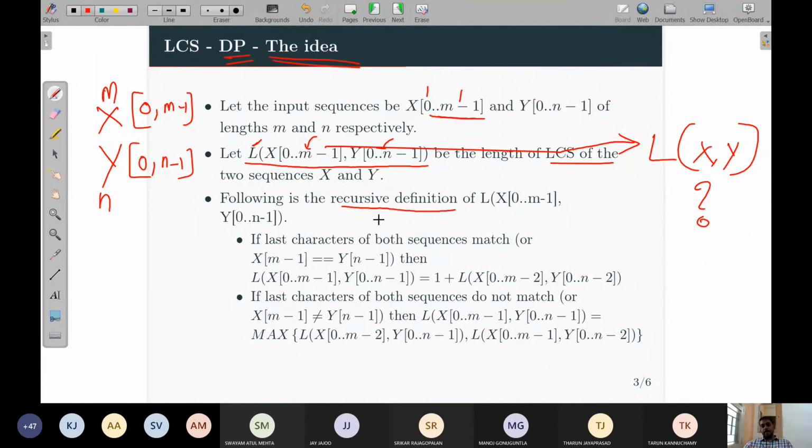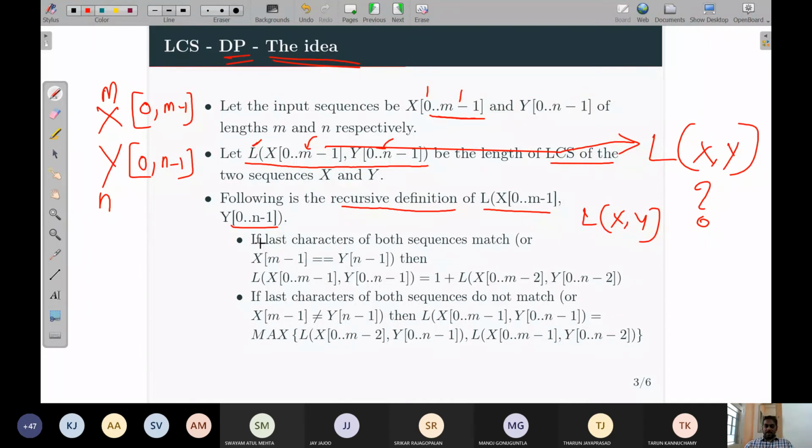So the recursive definition of L xy. If you see these indices, don't worry, you will just understand it as L xy. But I have written the indices also just to make things clear, because in the next line it will be very clear. What idea are we using here? We have used it already.